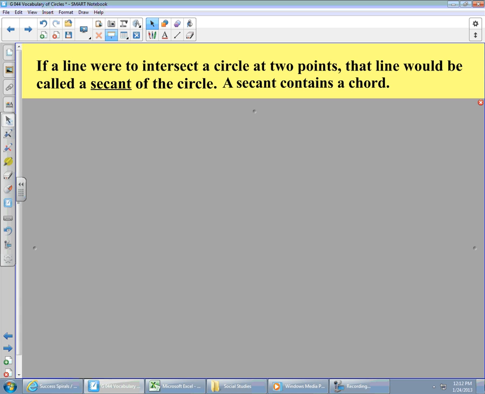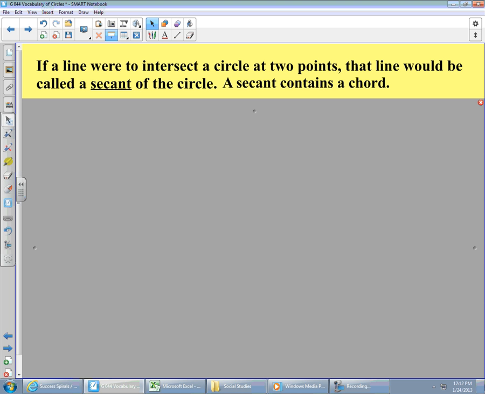So secant is one of the secondary trigonometric functions. We just haven't looked at it yet. If you go as far as pre-calculus, you will work with the secondary functions like secant.